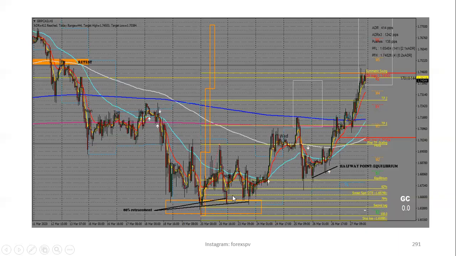Around this area, when the market comes back, this is my area for the second leg. Then the market would form this swing, and we would expect the retracement to come back all the way to the equilibrium level, the halfway point.